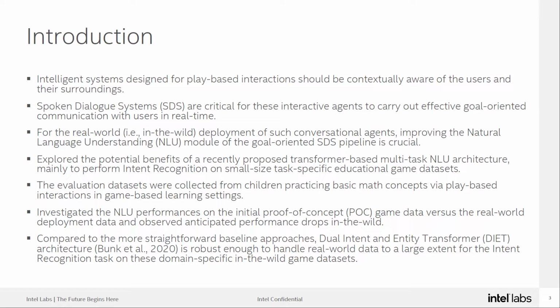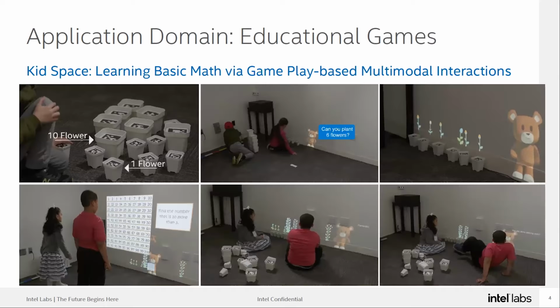Compared to the more straightforward architectures, we investigated the dual intent and entity transformer, called DIET. This is a fairly recent architecture proposed by the authors at Rasa. And we found that it's robust enough for our use cases, both for the POC data sets and still in the real world data, although there's some performance degradation.